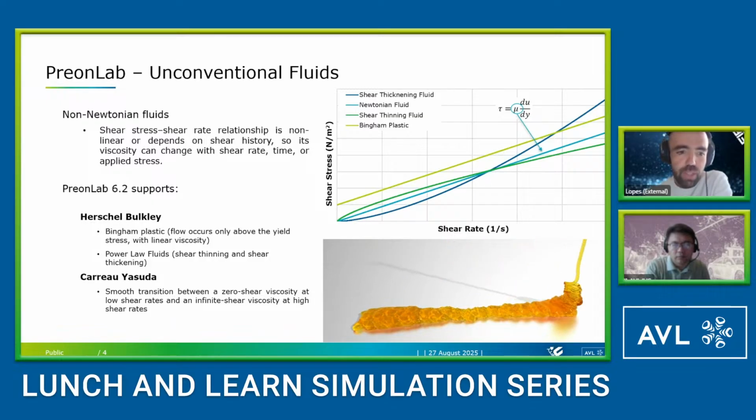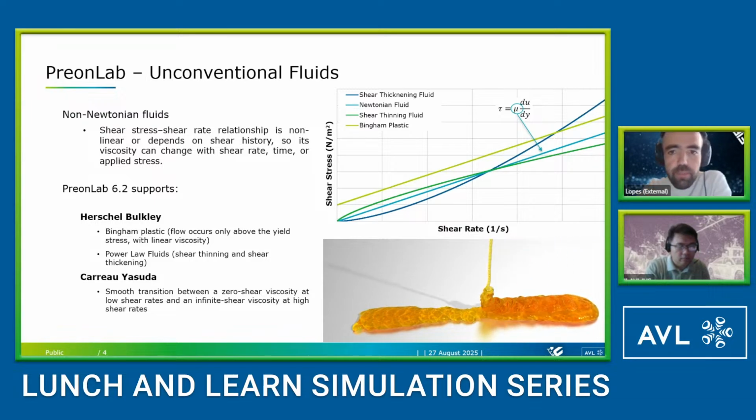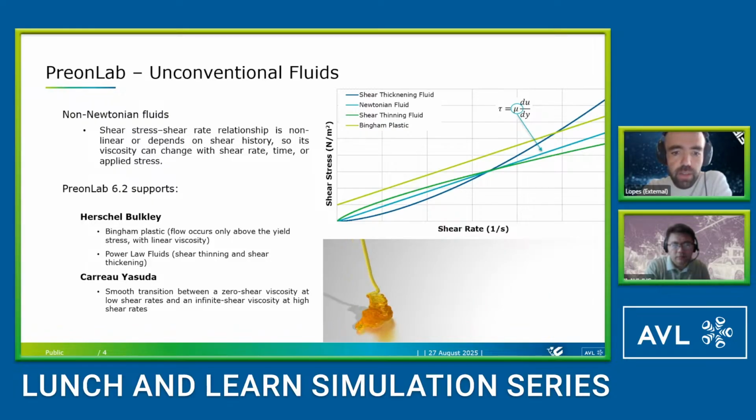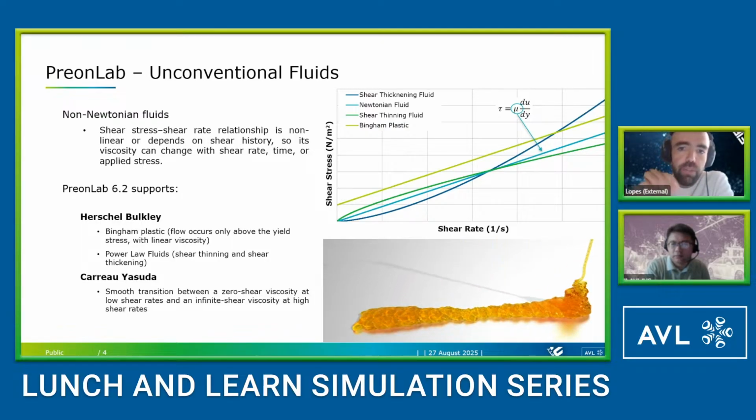And for that, we have 2 distinct viscosity models. The first one is the Herschel-Bulkley model. This one is quite useful because it allows us to also model fluids which need an initial yield stress to flow. For example, in the case of toothpaste, whenever the toothpaste is in the container and you agitate it a little bit, it doesn't flow.